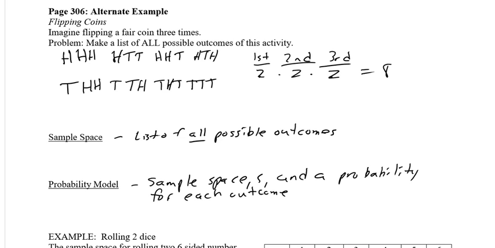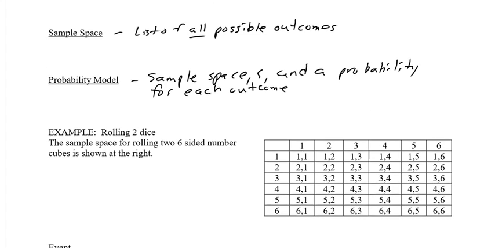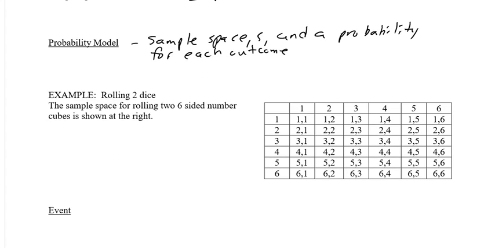Well, let's look at an example of a sample space. Rolling 2 dice, something you probably have some experience with. The sample space for rolling 2 six-sided number cubes is shown at the right. So this is our first die, and die 2.